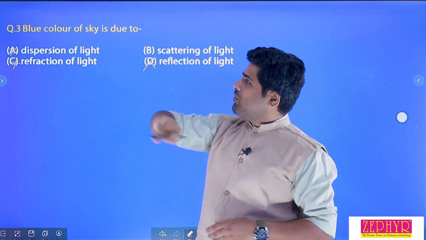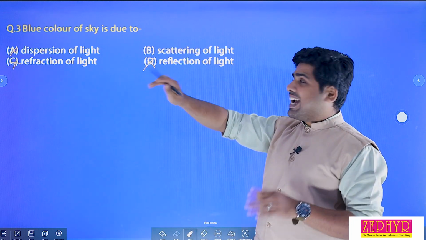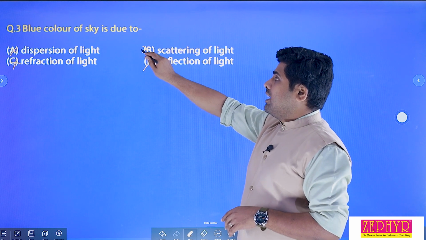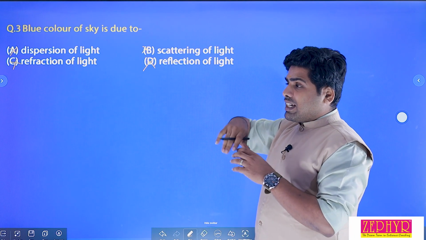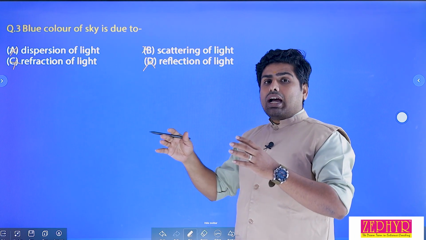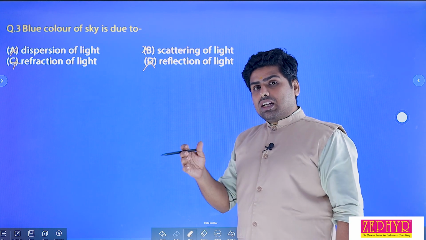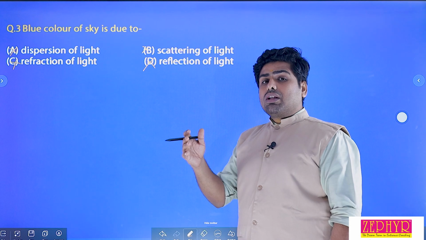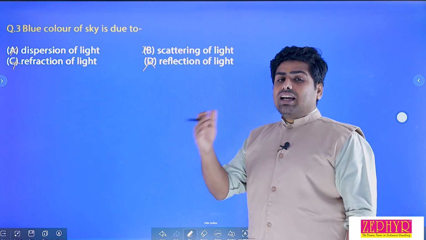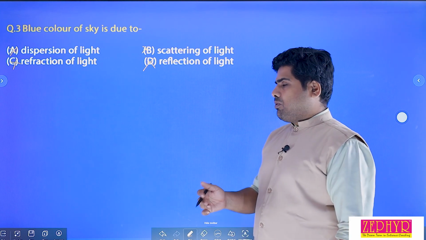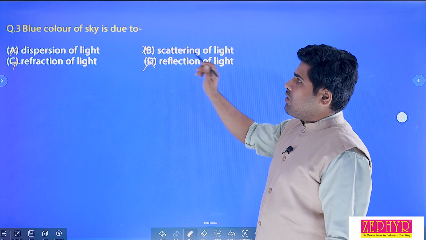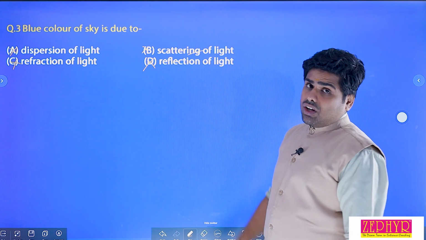The reason for the blue color of the sky is scattering, because the light ray is scattered in the atmosphere due to the presence of particles which are larger than the light wave. So the blue color of the sky is due to the scattering of light.